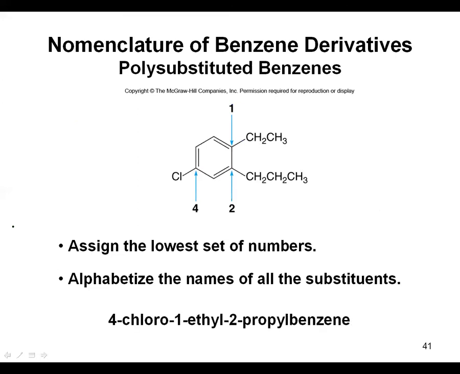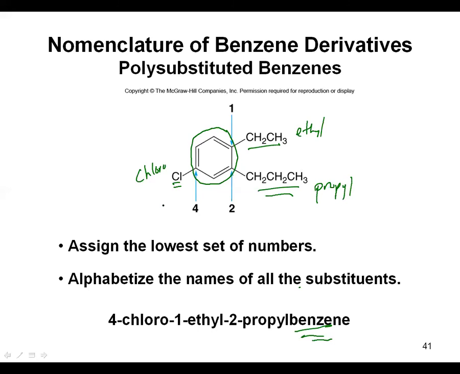And so here, if we dissect this, we have a benzene ring all the way around, and that is the base of the name. We have this guy, which is an ethyl group. We have this guy, which is a 3-carbon group, a propyl group. And we got that one, which is a chloro group.